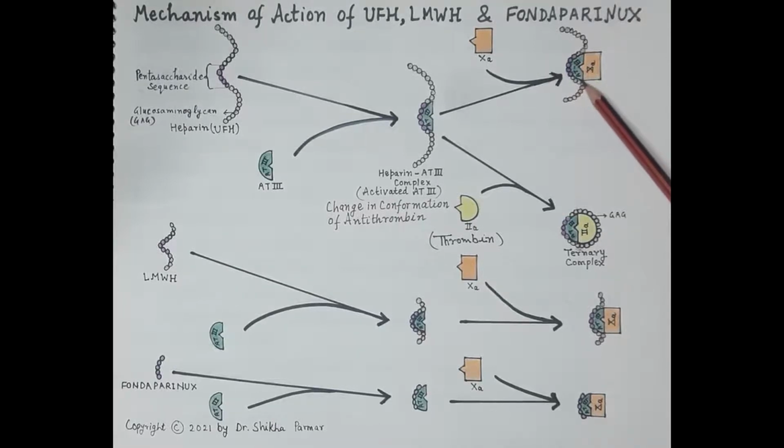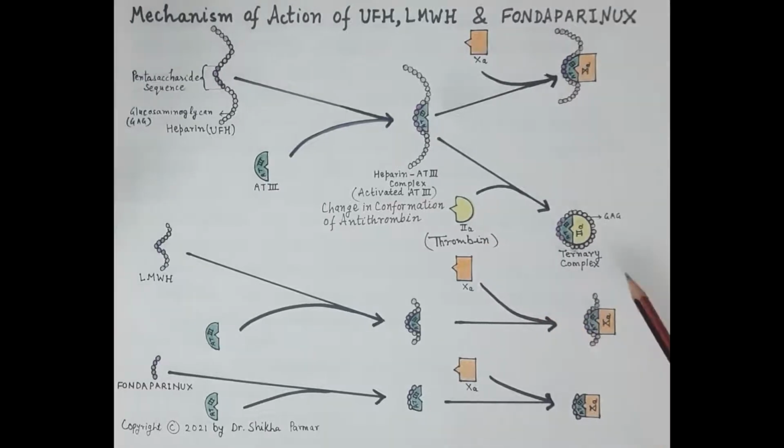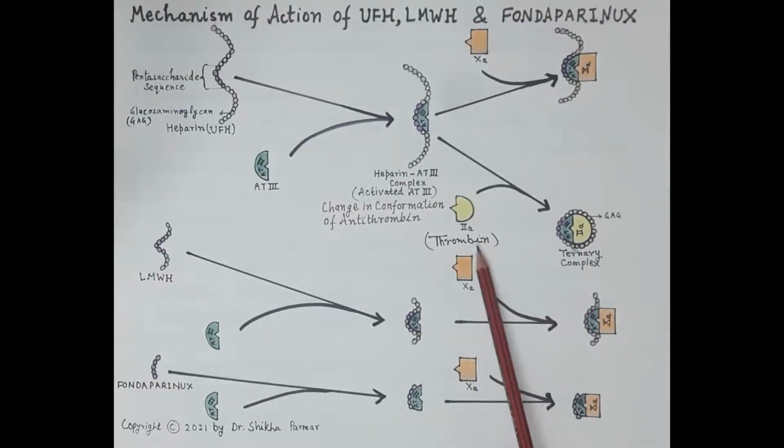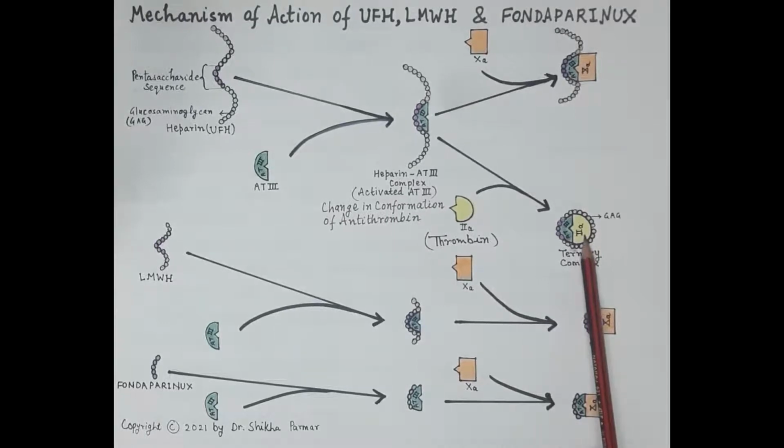However, the mechanism by which thrombin is inhibited is different. When we talk about the inhibition of thrombin, it is the heparin antithrombin complex that binds to the thrombin. Now what happens is that the heparin changes its conformation. When it changes conformation, it is the long glucosaminoglycan of the heparin that comes in contact with the thrombin.